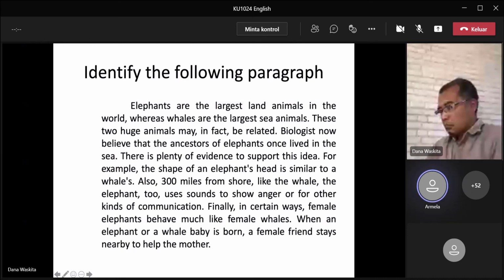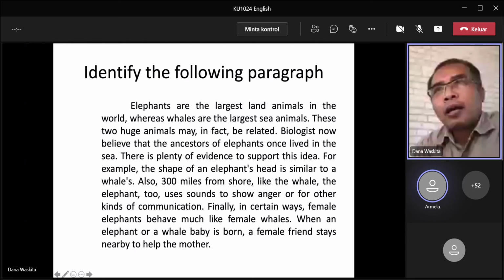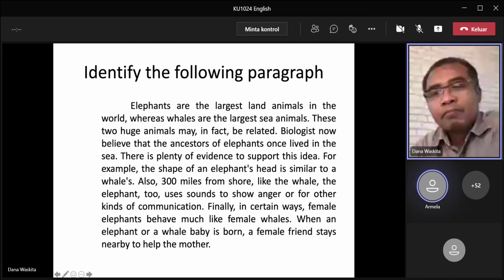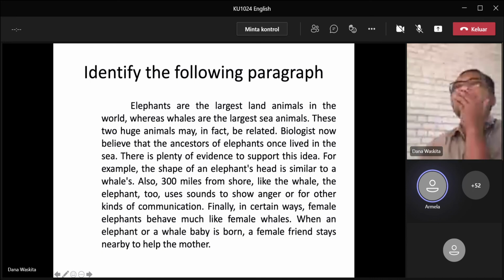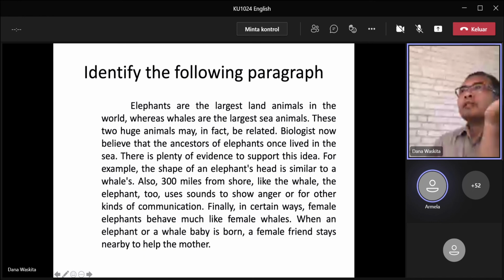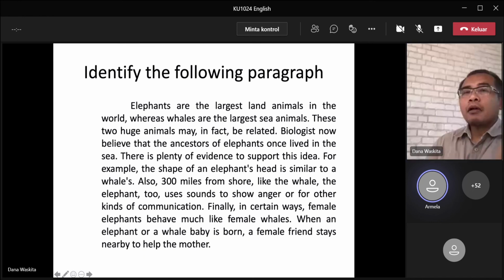The main topic is... no, not the topic sentence or main idea. The topic sentence is the two largest animals in the world, land animals and sea animals.